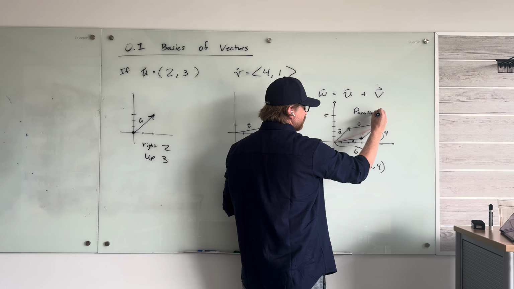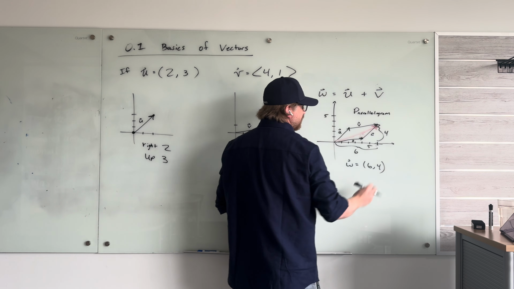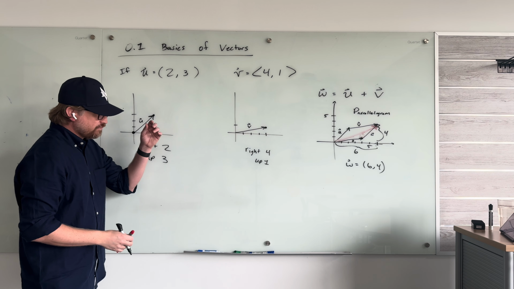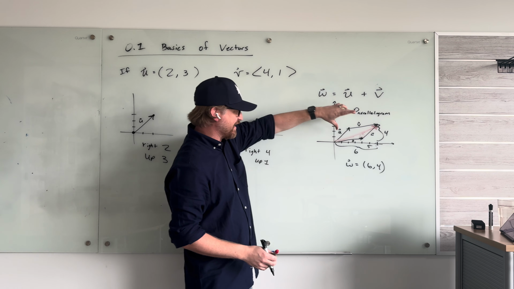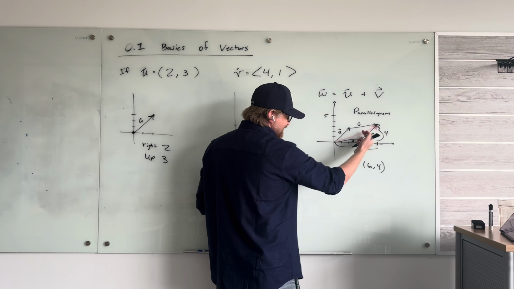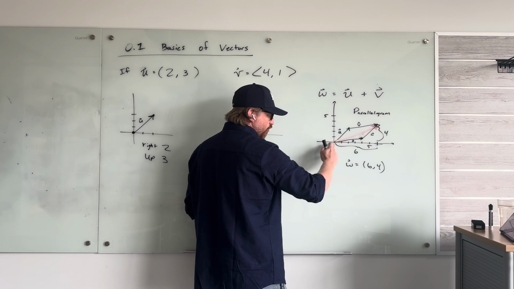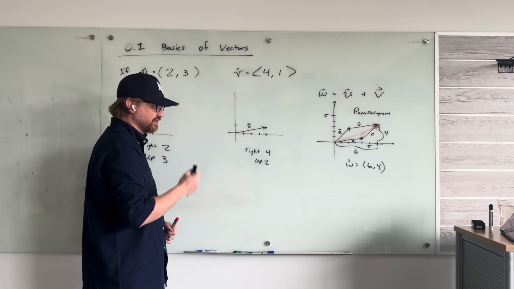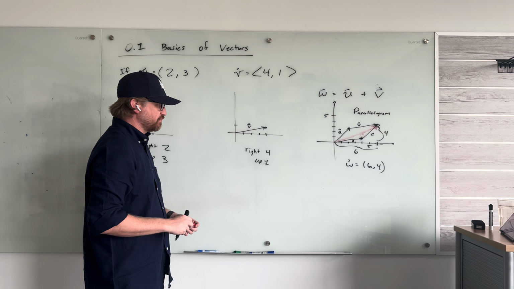This is where I'm going to totally butcher spelling, so I apologize. Don't spell check me. But we create a parallelogram. And notice that my resultant vector, when I'm adding these two together, the answer is the main diagonal here from this corner to this corner. And that's always going to be true when I'm adding two vectors like that in two-dimensional space.